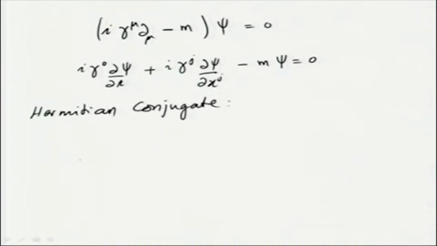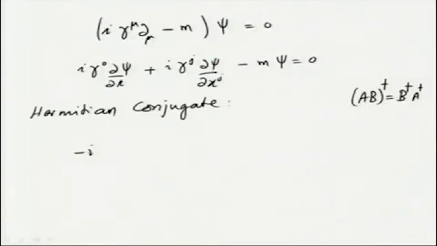If two matrices are there, A B, the Hermitian conjugate is basically B dagger A dagger: the Hermitian conjugate of B first and then the Hermitian conjugate of A. This is because there is a transpose of the matrix involved apart from the complex conjugation in the Hermitian conjugate. So, this Dirac equation will give you minus i dou by dou t of psi dagger gamma 0 dagger.